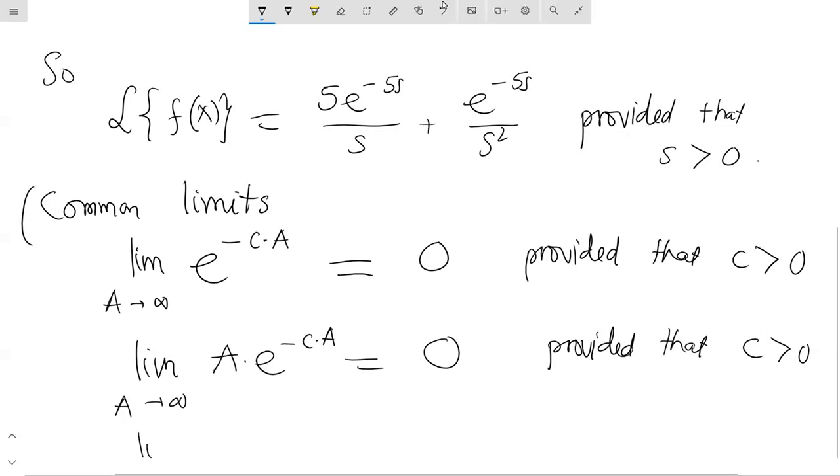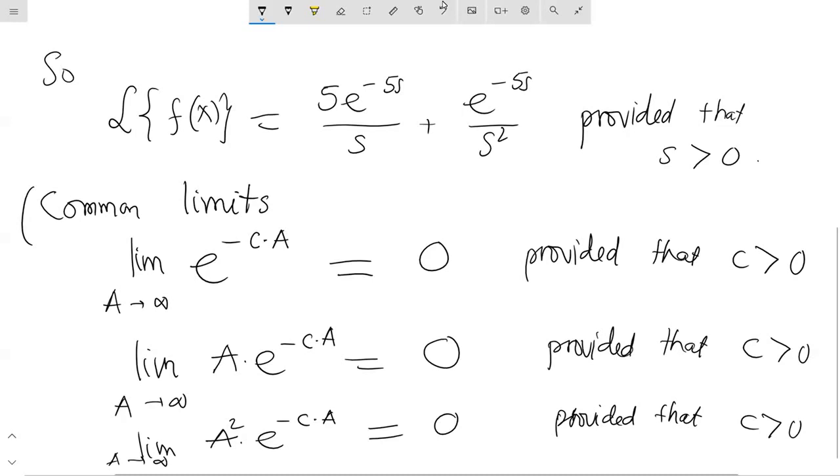Let me write another one: if we have a squared times e to the minus c times a as a goes to infinity, then still the limit would be 0, provided that c is positive. These are the common limits that we will need to use in computing the Laplace transform.